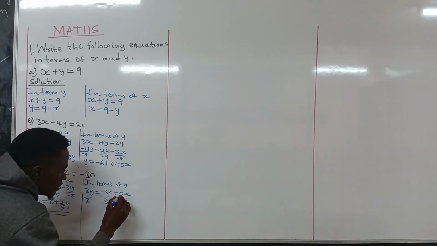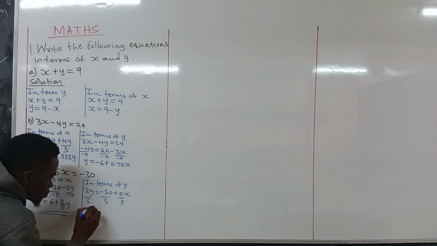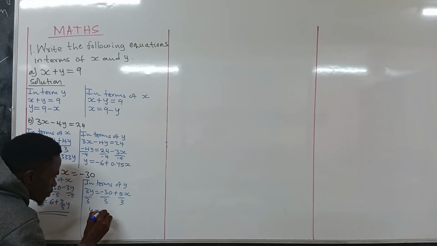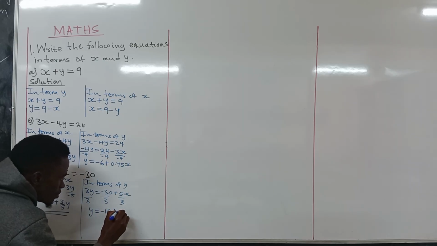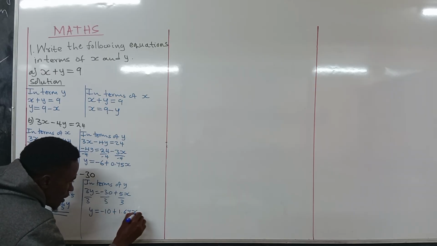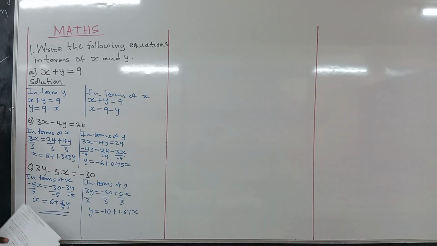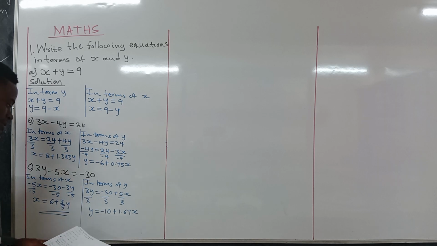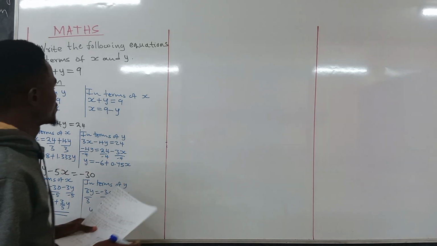So y is equal to negative 10 plus 1.67x. 5 over 3, if you divide it, gives you 1.66, and the 6 is recurring. So you can just round it off to 1.67, and that is our answer.